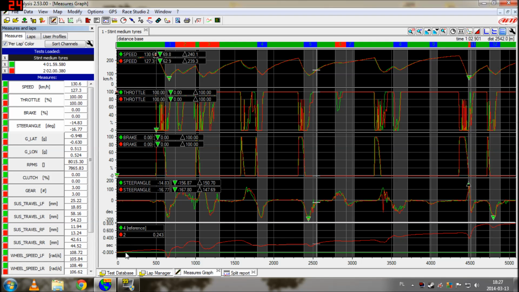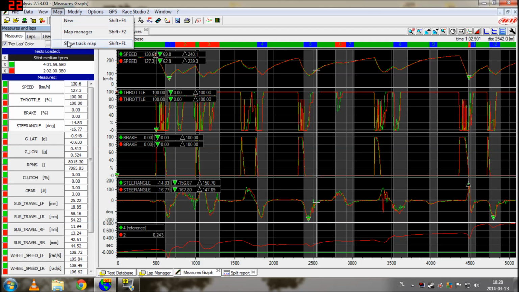So as you can see, the green line is flat, and whenever the red is above the green, the red is slower. Whenever it's below the green, the red is faster. Okay, and with all this knowledge, we can start analyzing two laps around the German track.